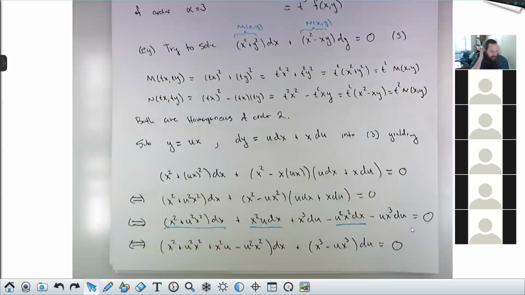And we want to try to clean this up as much as we can. So factoring is a good trick.